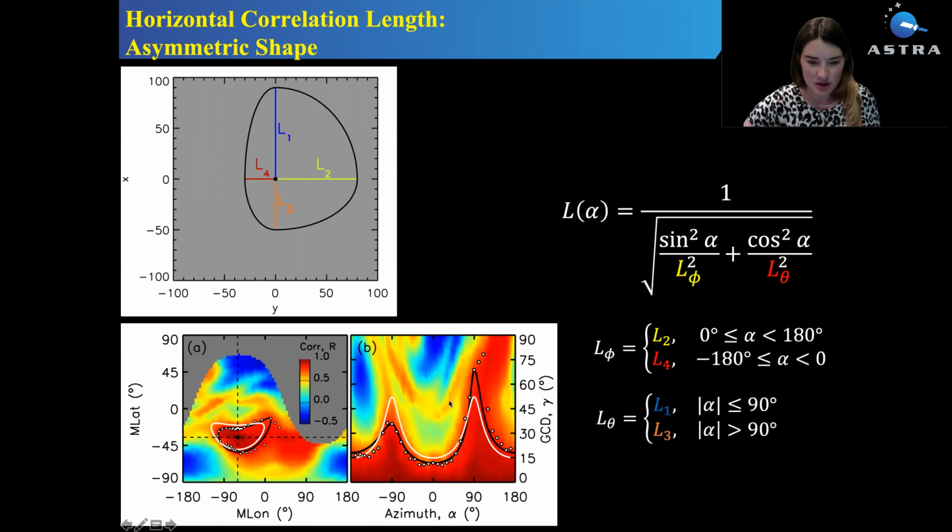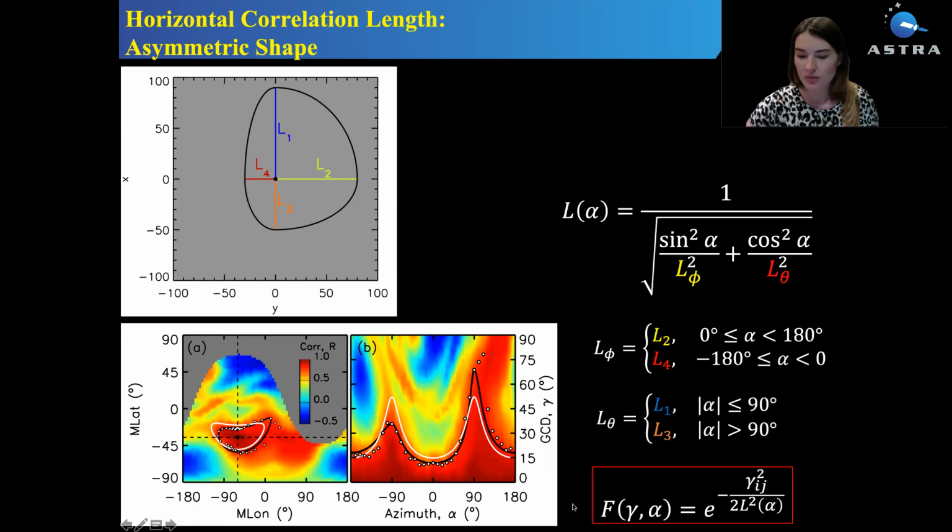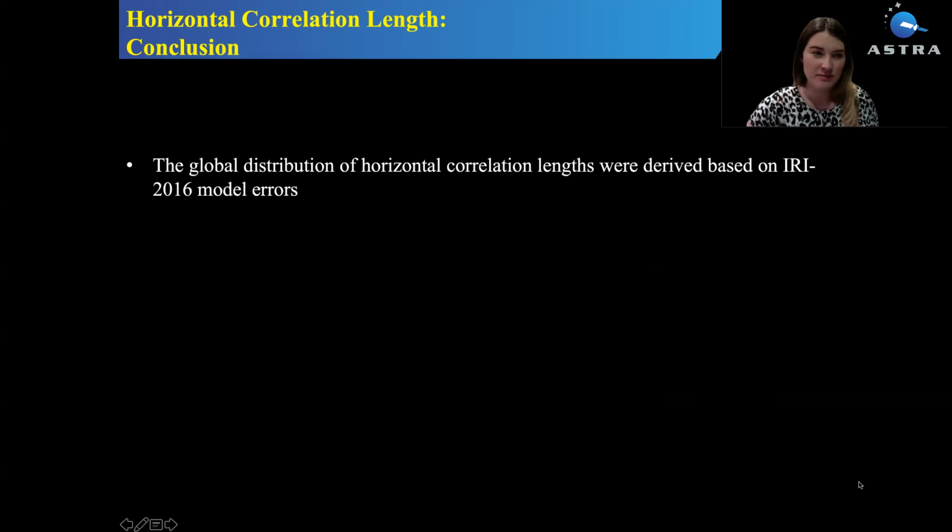So this black line now shows how the fit looks using this asymmetric shape. It explains the azimuthal distribution of points way better than the regular symmetric elliptical fit. And then we would use the same Gaussian equation in order to model the error covariance for IDA4D.